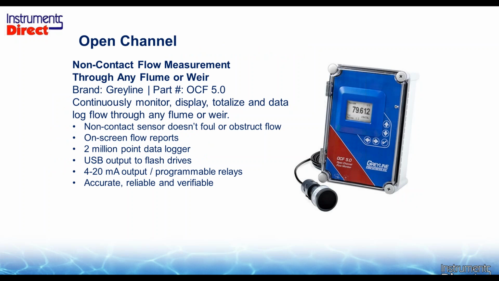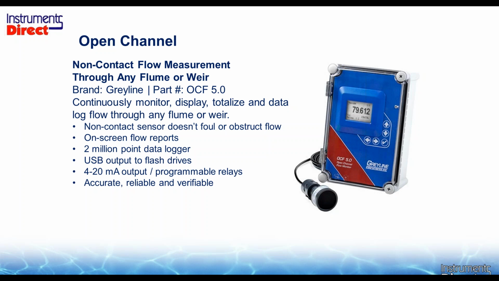And so the devices to do this are many. Here's one particular device. This is basically designed for open channel flow metering. So it's a level sensor, but in addition to the level sensor, it has the math module built into it. So if I wanted to put this over my weir with a 90-degree V-notch in it, or over a 6-inch Palmer Bowlus flume, or a 12-inch Parshall flume, and the list goes on and on, by measuring the level and then selecting the shape of that entity that you're going to call a flume or a weir, it will calculate the volumetric flow.